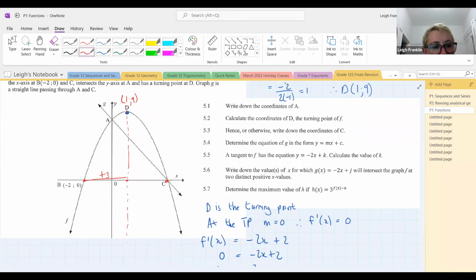Because a parabola is symmetrical about its axis of symmetry, from here to there we're going to add another 3. So that's why we would be adding 3 over there. So the coordinates at C would end up being 4 and 0.